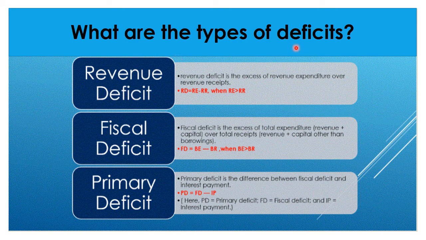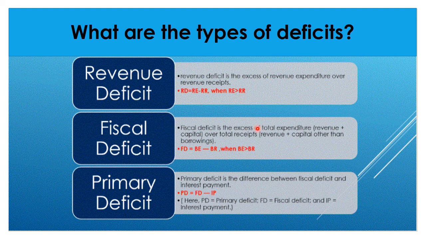What are the types of deficits? Well, there are 3 types of deficits: the revenue deficit, the fiscal deficit, and primary deficit. Let us define each one of them. Revenue deficit is the excess of revenue expenditure over revenue receipts, which means that revenue expenditure is greater than revenue receipts.